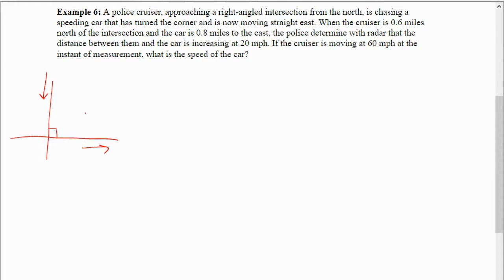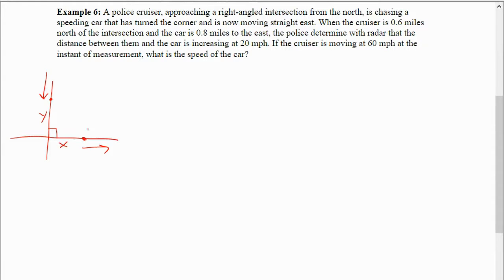And when the cruiser is 0.6 miles north of the intersection, so this is kind of where my police cruiser is. So this is a distance here of y. The car is 0.8 miles east, so that's over here.